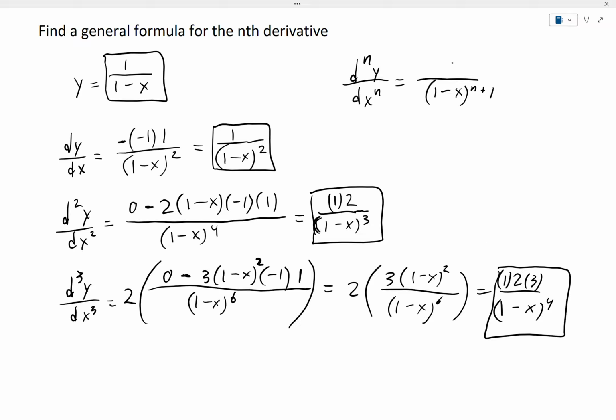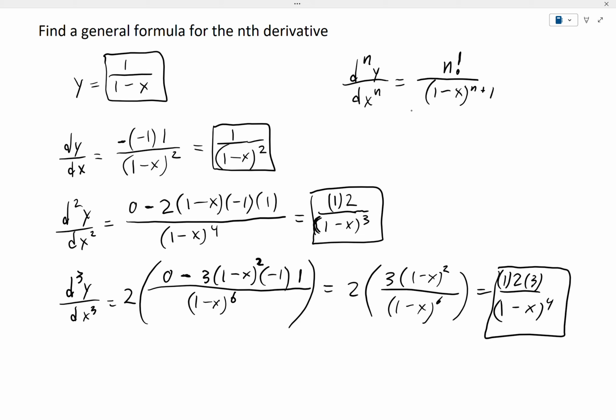That's just the factorial function, where it multiplies 1 by every integer up until whatever the number is n. So for the third one, we multiplied 1 by 2 by 3 in the numerator. For the second one, we multiplied 1 by 2. So in the numerator, we have the factorial function.